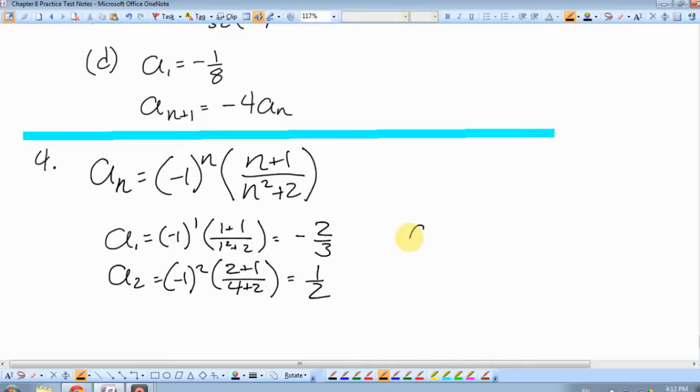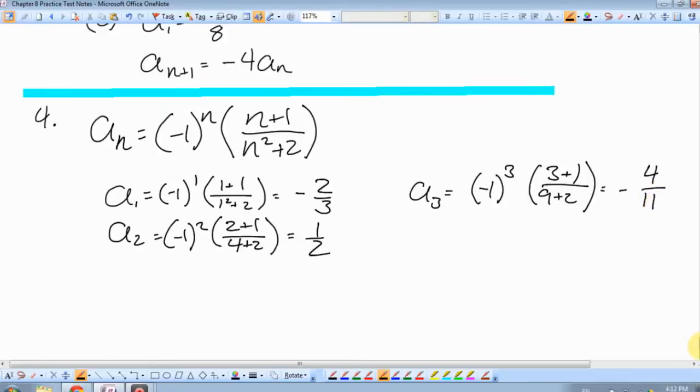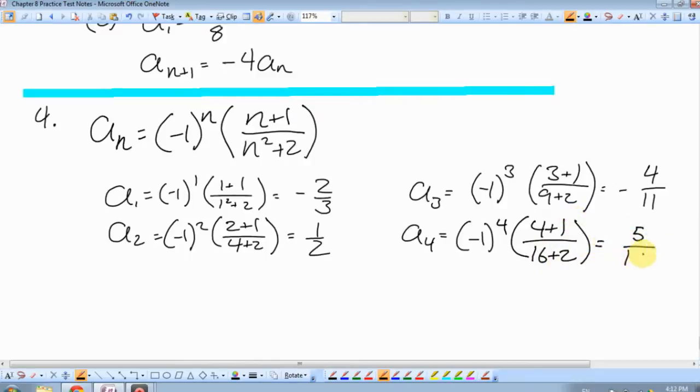Good. a3: (-1) cubed, times (3 plus 1) over (9 plus 2). Negative 4/11. a4: (-1) to the 4th power, times (4 plus 1) over (16 plus 2). 5/18. Good.